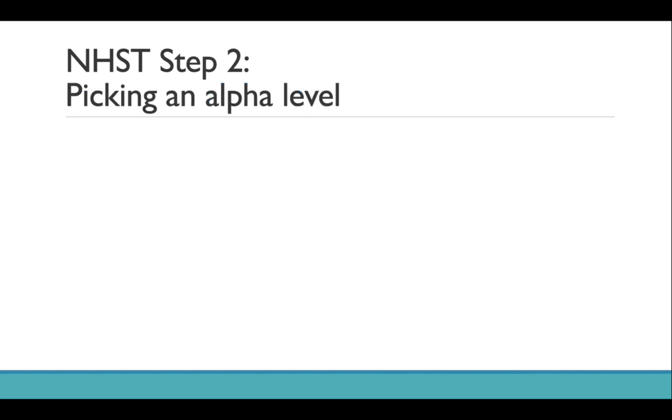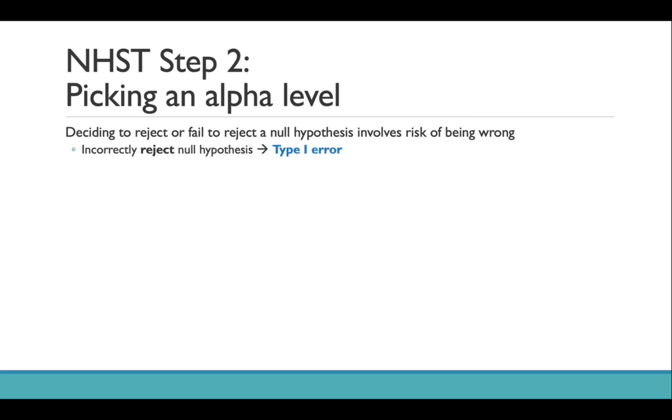So, how do we pick an alpha level? As I mentioned before, deciding to reject or fail to reject a null hypothesis involves a risk of being wrong. Incorrectly rejecting a null hypothesis, in other words, saying that something was due to systematic variance when in fact it was just due to random chance, is known as a type 1 error. On the flip side, incorrectly failing to reject the null hypothesis, in other words, thinking that something was just due to unsystematic variability when in fact there was systematic variability at work, is known as a type 2 error.